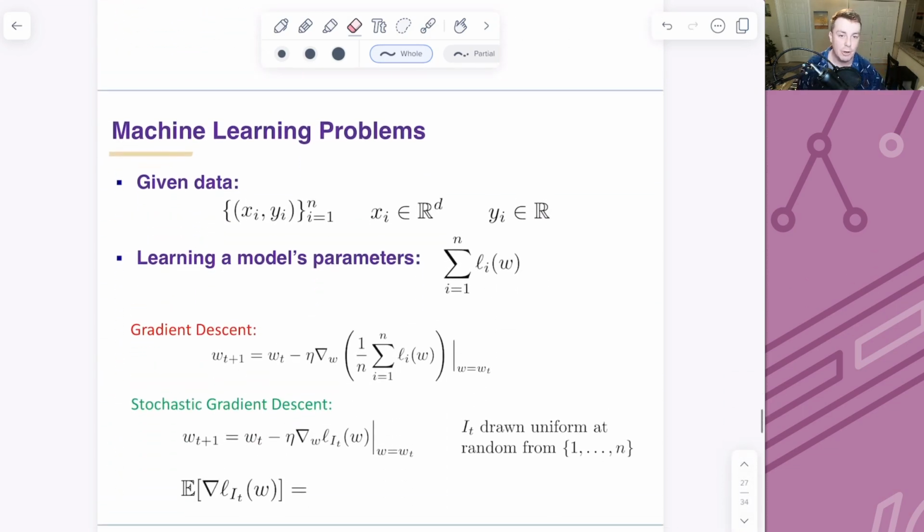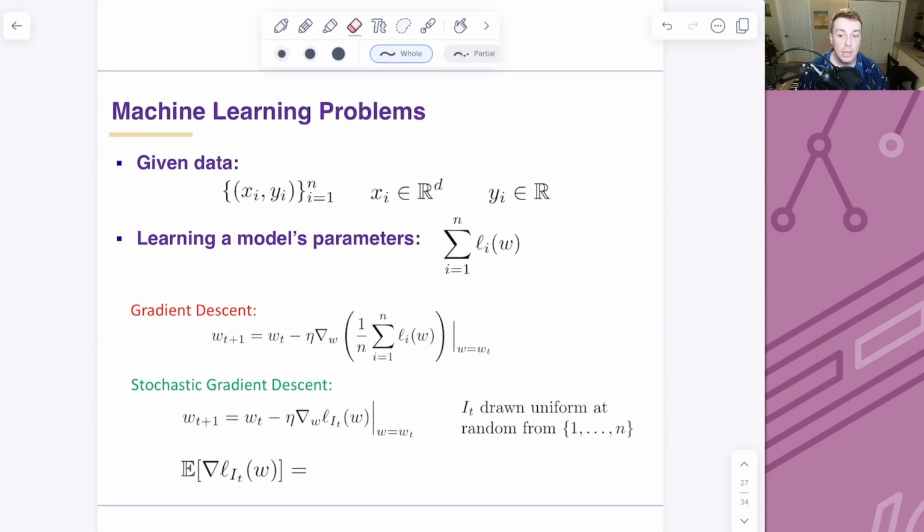And the estimation technique we're going to use is what we call stochastic gradient descent. So instead of computing the full gradient over the full loss function, we're going to run almost the same gradient descent algorithm, but instead of computing that full gradient over the full training set, we're going to estimate our gradient using a very particular mechanism.